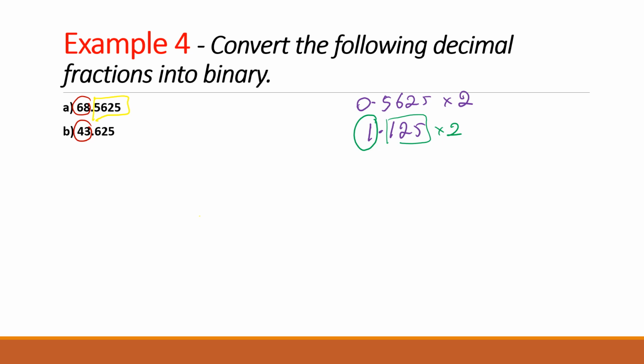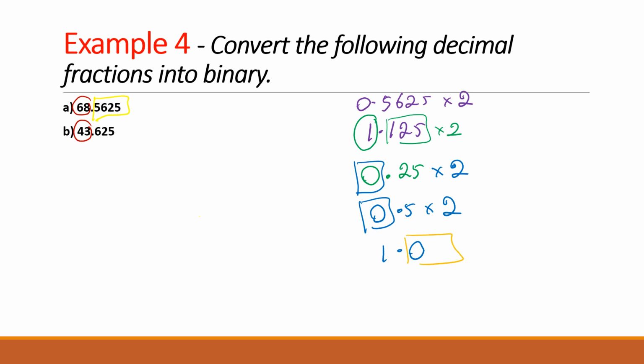When I multiply that by 2, I have 0.25. Am I right? So I again keep this 0 separate, and I times this by 2. Then I get 0.5. So I keep this and multiply by 2. Then I get 1.0. So you have to do it till you get zeros after the binary dot. I don't have anything else, just the zero.